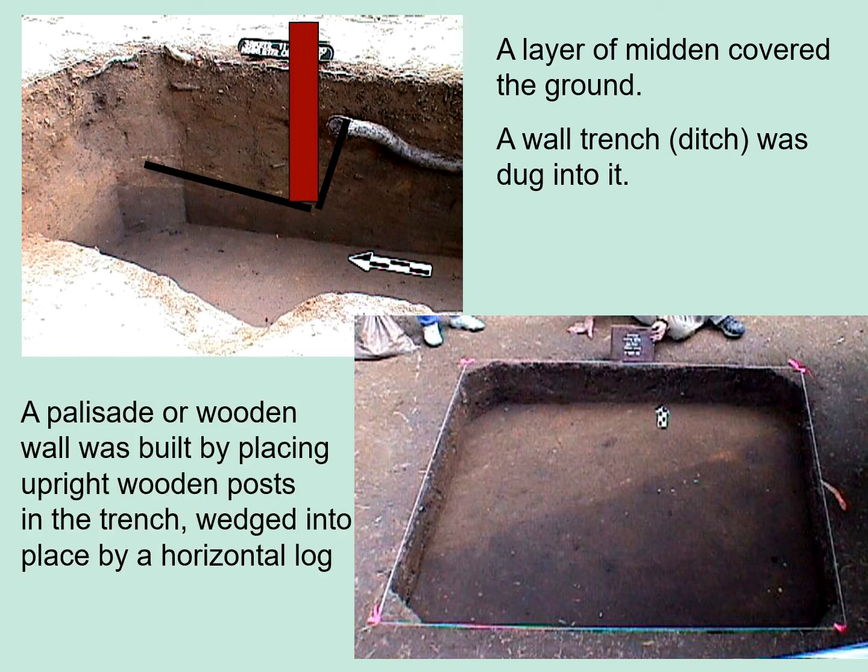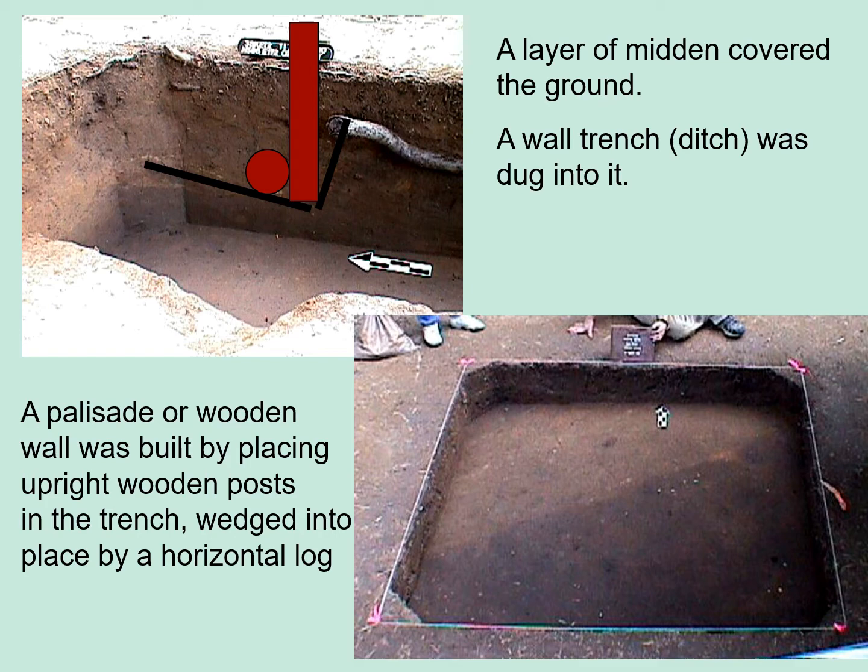And then they put a wall or a palisade inside that ditch. So this is one way to build a wall. Instead of digging an individual hole for each post, a faster way is to dig a narrow ditch, put in your upright posts, and then put in a locking horizontal log, and then backfill. This is what they did here.